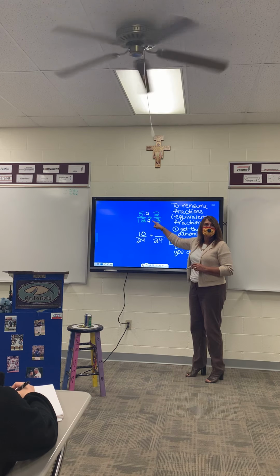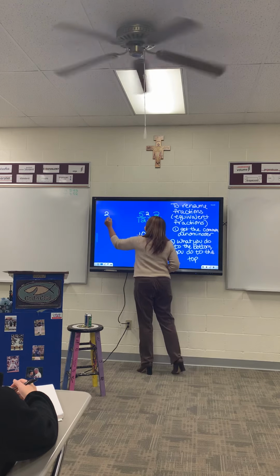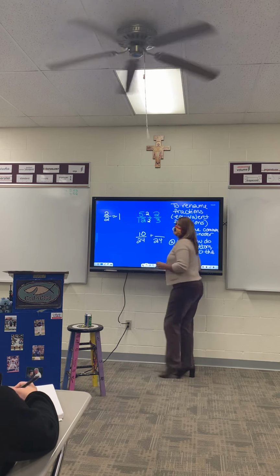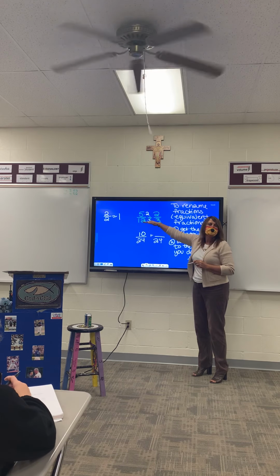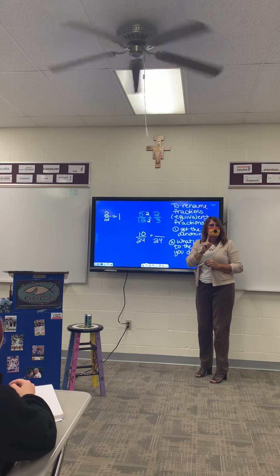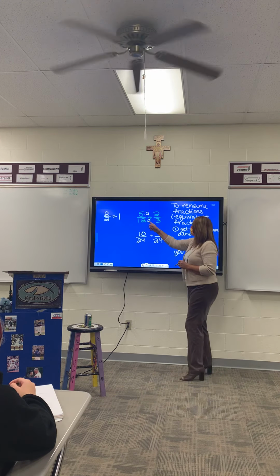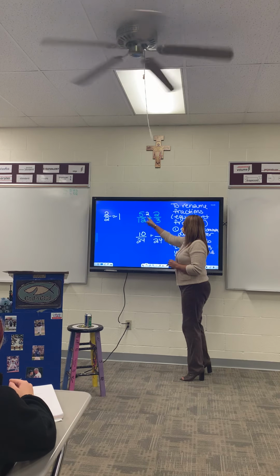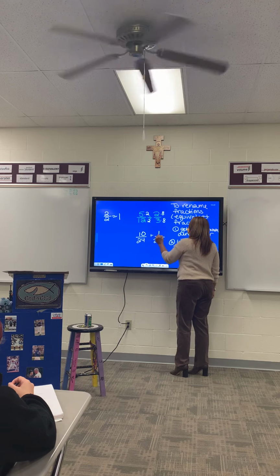Isn't 2 over 2 equal to 1? Anything over itself is 1. So if I'm doing something to the top and the same thing to the bottom, I'm really multiplying 5/12 by 1, and multiplying by 1 doesn't change the value. So 12 times 2 is 24, 5 times 2 is 10. 3 times 8 is 24, 2 times 8 is 16.